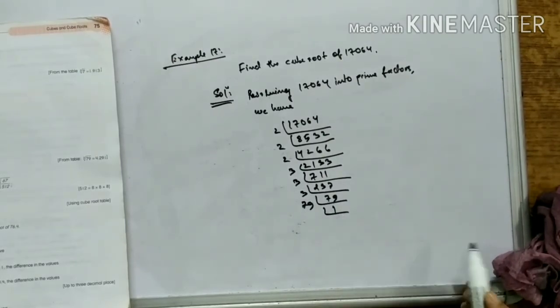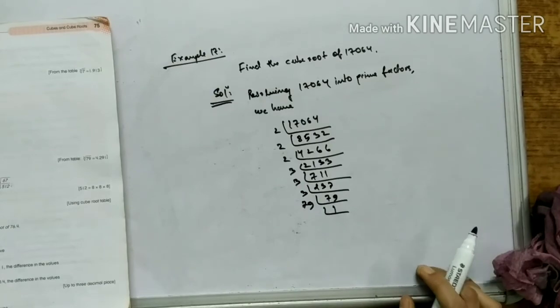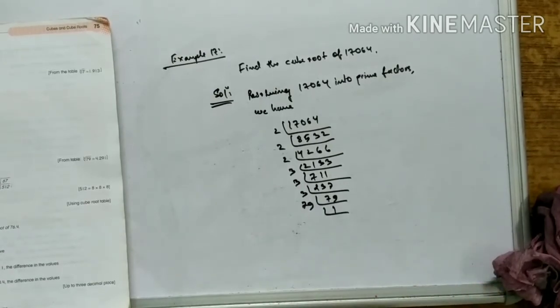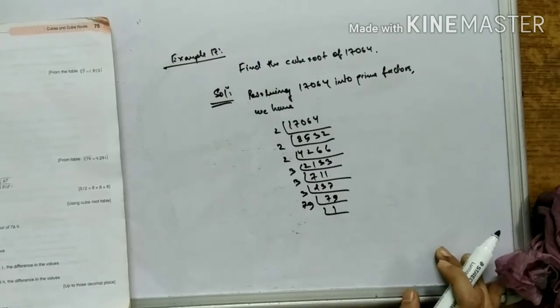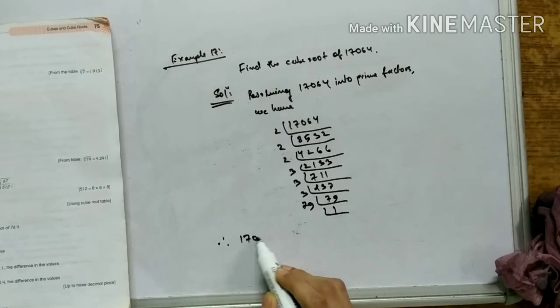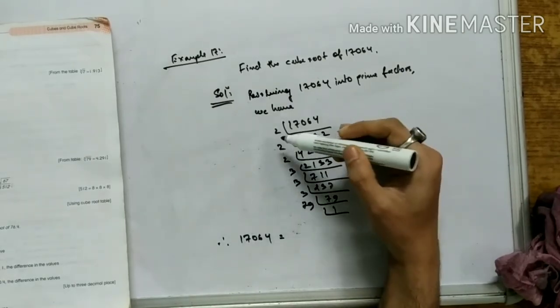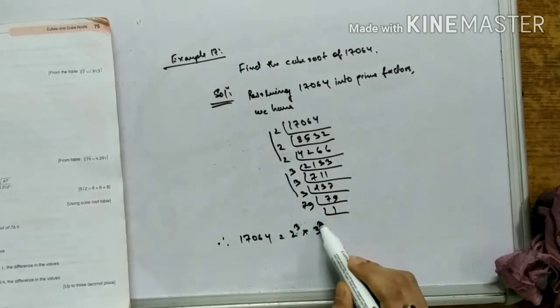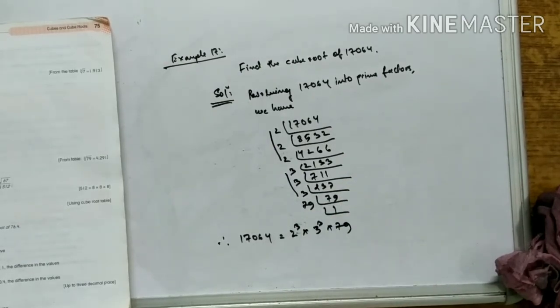So 79 ones are. Okay. So now you see, I have taken out the prime factorization of 17064. So therefore I can write 17064 is equal to 2 cube into 3 cube into 79.